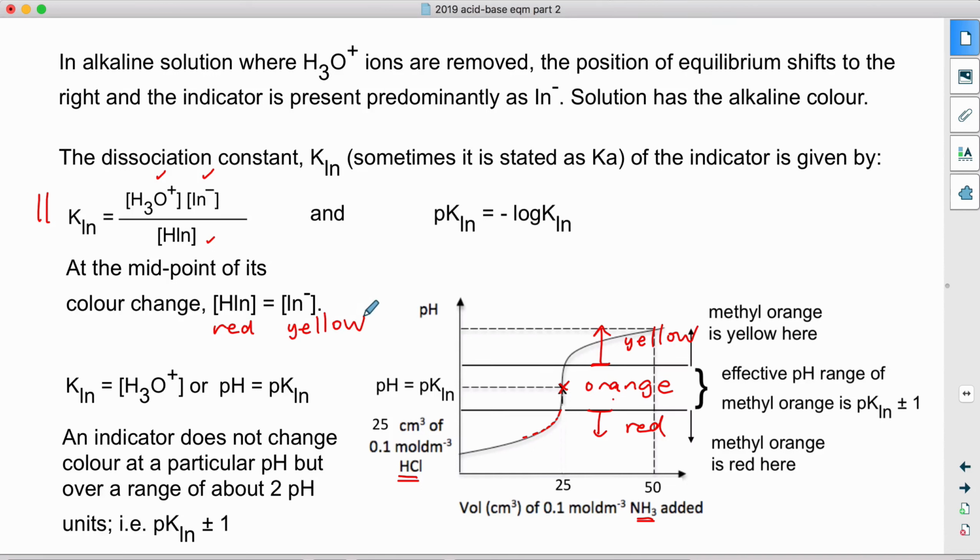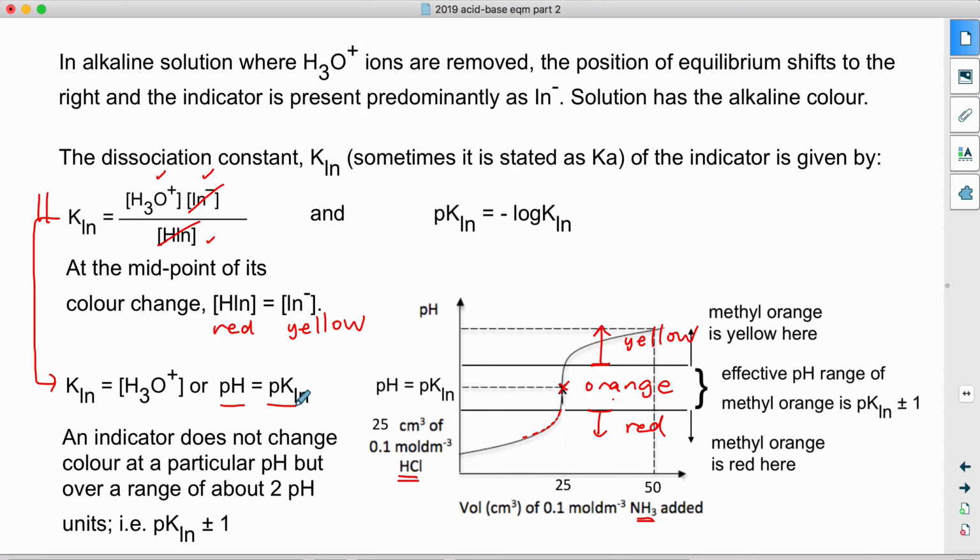That gives it the orange color. If you substitute these two equal values back into Kin, they cancel out. So what you end up with is Kin equals H plus concentration at the end point. Take negative log on both sides, and you get pH equals pKin.